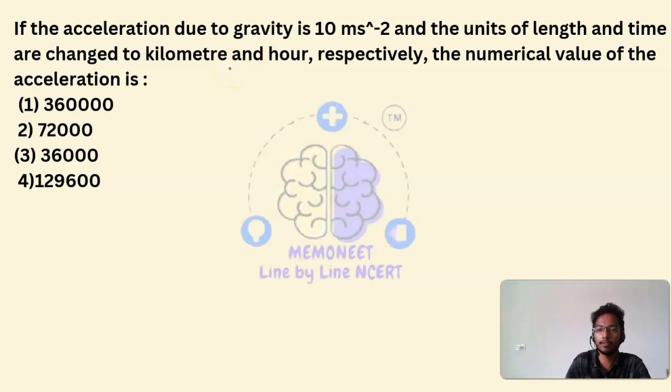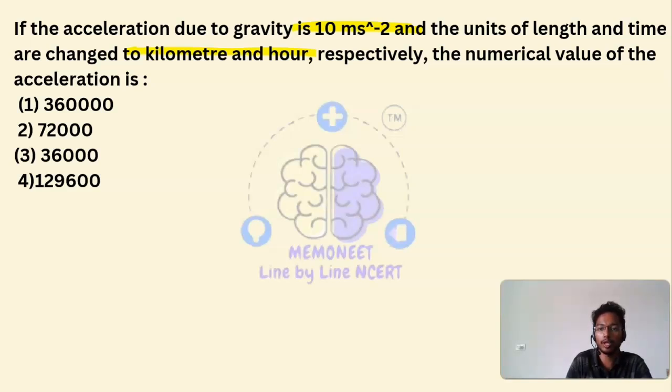The question is given that if the acceleration due to gravity is 10 meter per second square, and the units of length and time are changed to kilometer and hour respectively, the numerical value of the acceleration will be. So we have to change the length and the time from the given conditions.